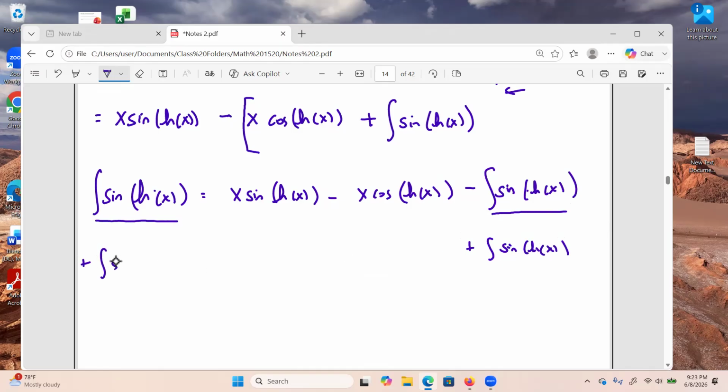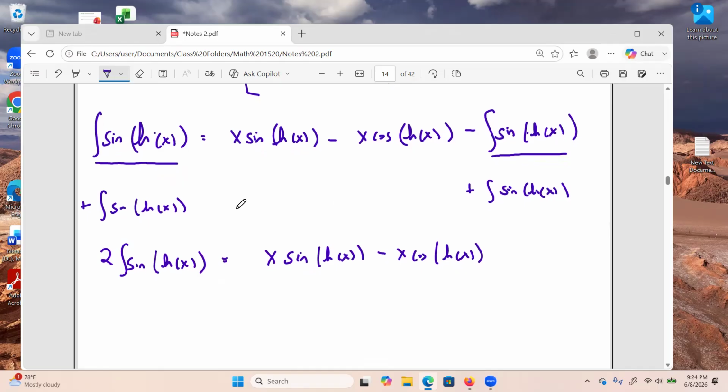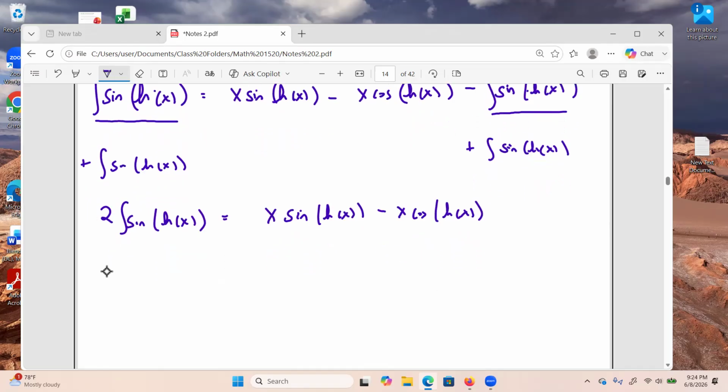So in the end, well, penultimately, we have two integrals of sine of natural log of x, and this is equal to x times the sine of the natural log of x, minus x cosine of the natural log of x. And all we're going to do is divide everybody by 2, and add c to the end here.